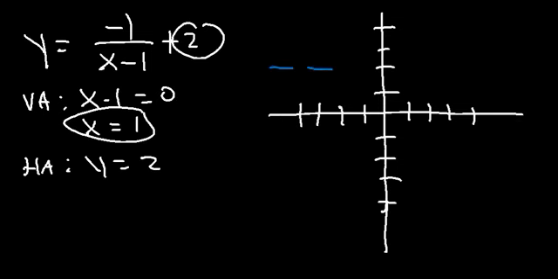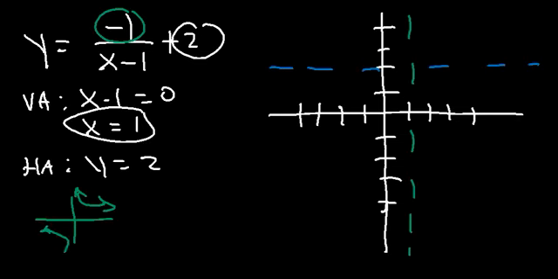So here's the horizontal asymptote, and the vertical asymptote is at 1. Now notice that we have a negative sign, so instead of the graph looking like this, it's going to be like this instead.